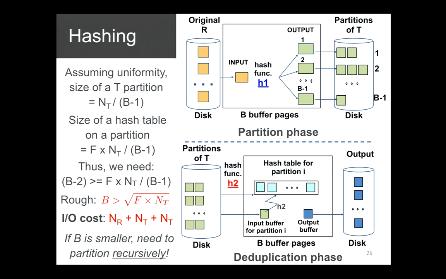And at that stage, basically everything will fit in memory for each of those sub-partitions. Then, again, you have to add another 2NT for the second recursive step. As many recursive steps as you need, the IO cost will go up by NT for writing, NT for reading. But in most cases, you will just end up with this two-phase algorithm because B will usually be greater than square root of NT, and this will be the IO cost.